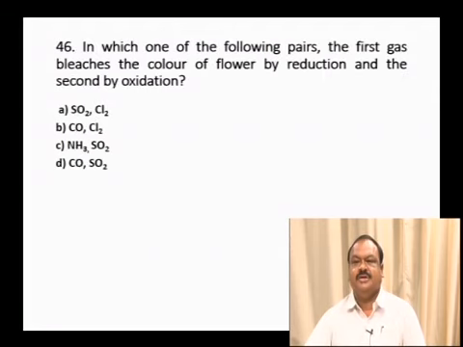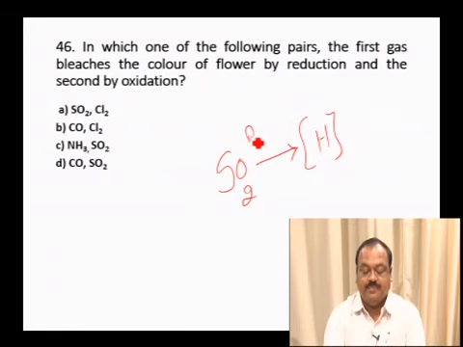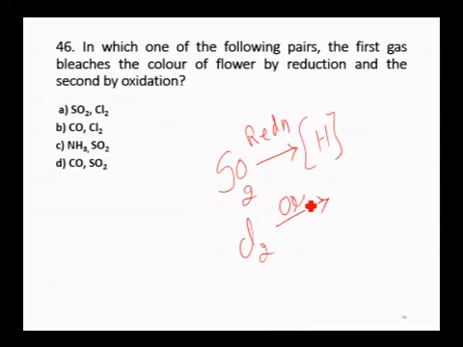Next, in which of the following pairs does the first gas bleach the color of flowers by reduction and the second by oxidation? Sulfur dioxide bleaches materials by reduction, that is by producing nascent hydrogen atoms. Chlorine bleaches by oxidation.